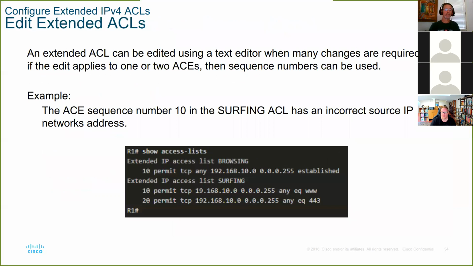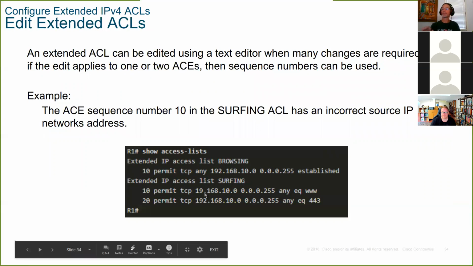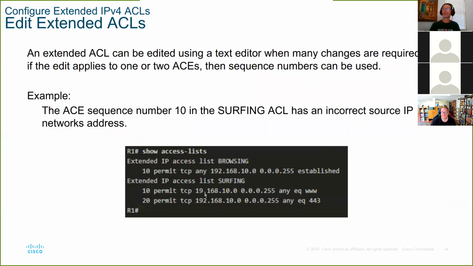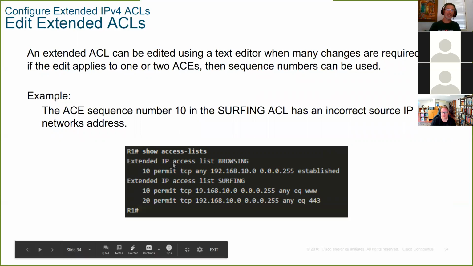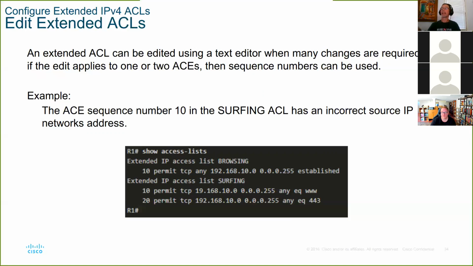So each protocol could have two access lists per interface. IPv4, IPv6 are really the only two we're ever going to see these days. Show access lists. If there's extended IP access lists, they'll say extended. If they're standard, they'll say standard. So browsing and surfing are two different lists. Notice neither one of them shows deny any. In standard, we only have source, so it's access list 10, deny any. In extended, it would be access list 100, deny IP any.